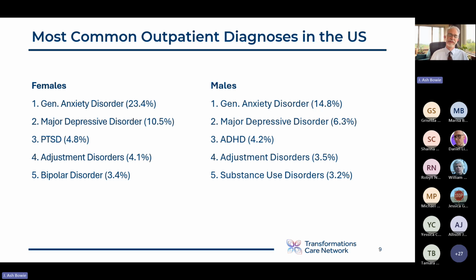That's why these assessment instruments are so important. But the adjustment disorder, I actually don't think that's there, because adjustment disorder is the 4th most common diagnostic problem. I think it's there because adjustment disorder tends to be used as a fill-in for other diagnoses when somebody doesn't want to put in something more severe. And we're going to go over that a little bit later, but that's why I think that's number 4.